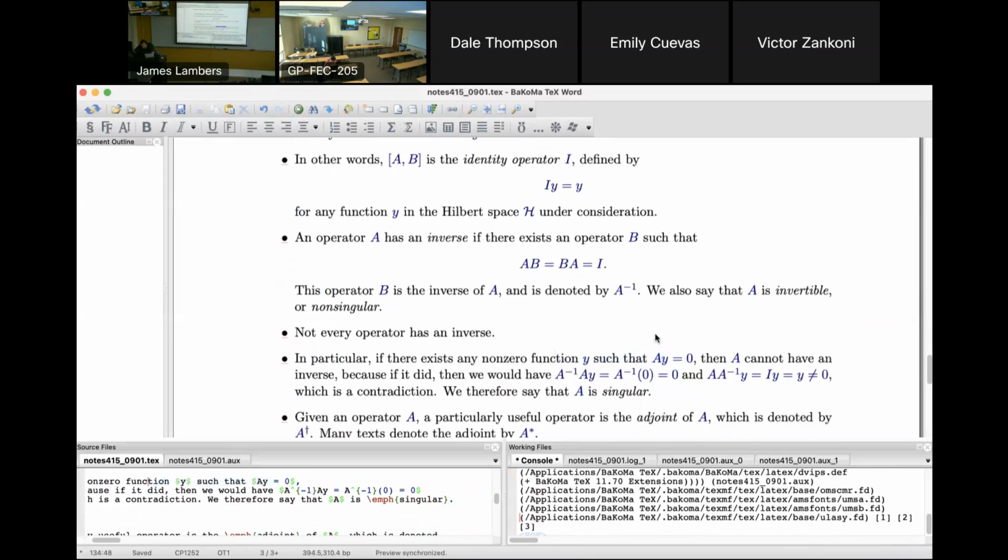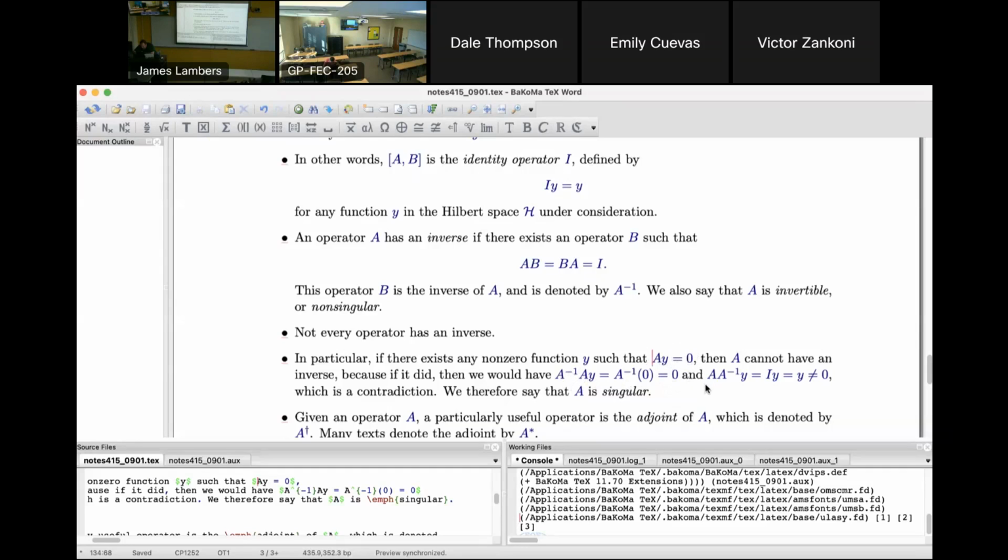When this happens, we can see why it's not possible to have an inverse. If I have AY equals 0, and I apply A inverse to both sides, assuming an inverse exists, then on the left side I would have A inverse times A times Y, which is Y. But on the right side, A inverse times 0 is 0.